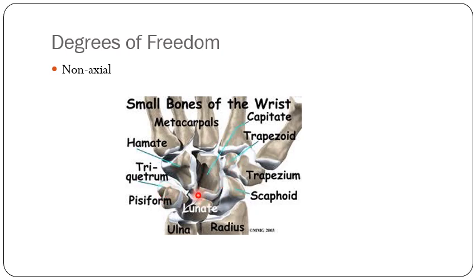It's non-axial, and typically what you see with plane joints are more like flat surfaces articulating with each other. Another area where you would see what would be considered a plane joint, P-L-A-N-E, would be at the facet joints in the spine. Those would also be classified as plane joints.